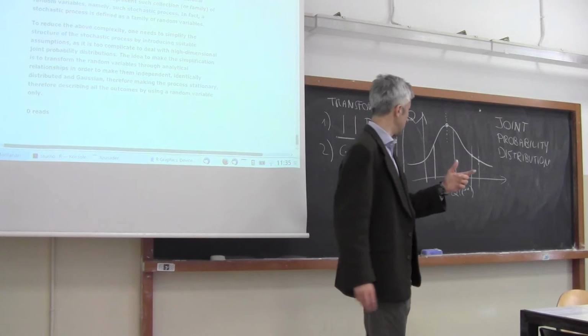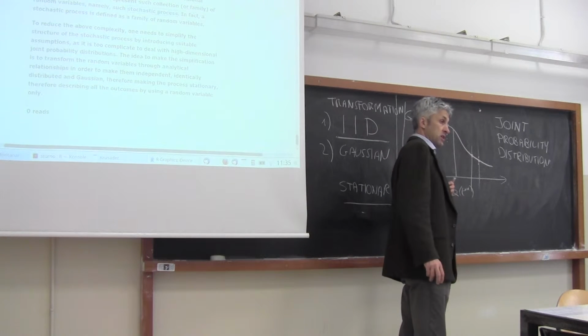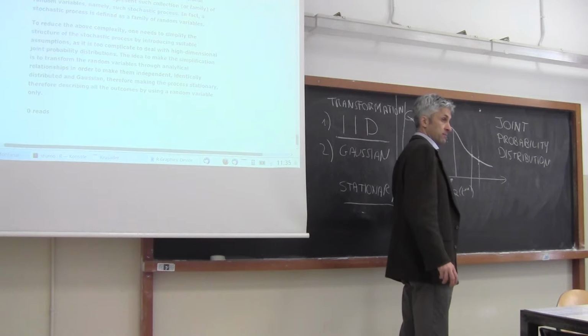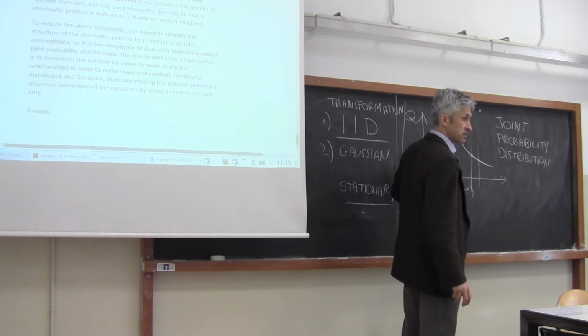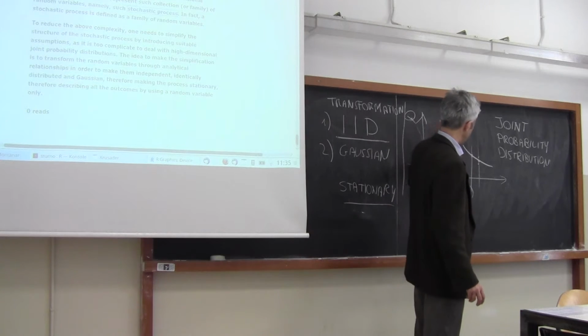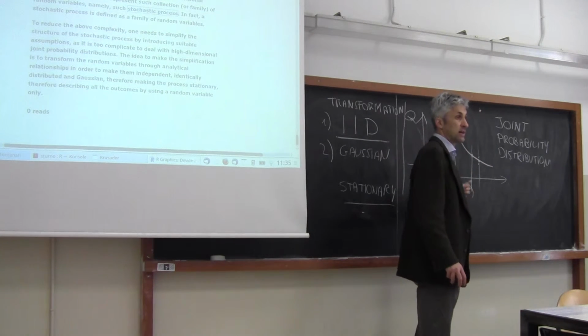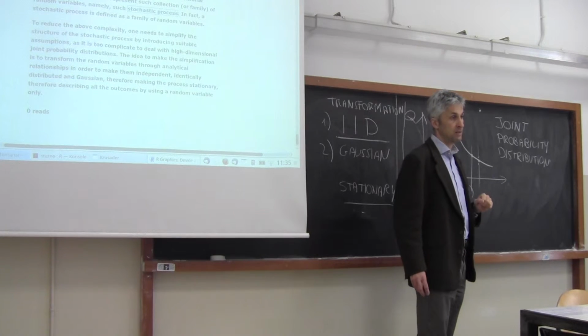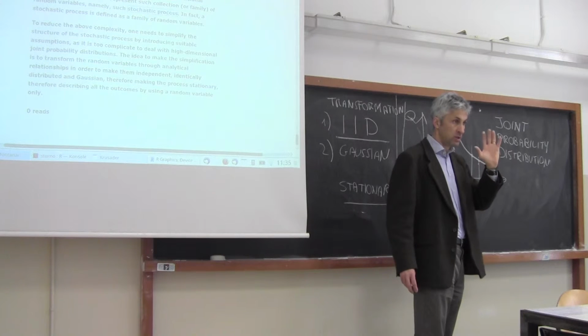and means that the joint probability distribution of an arbitrary number and an arbitrary selection of random variables within this process is not time varying. Technically speaking, what does this mean?